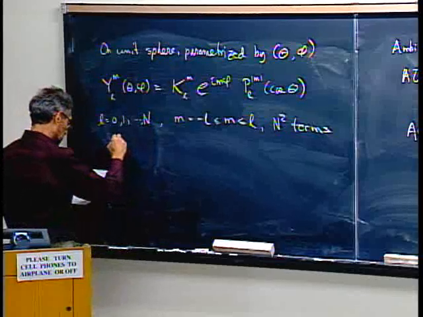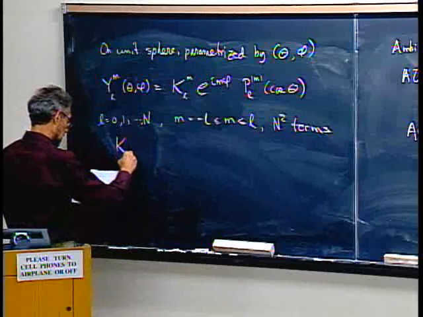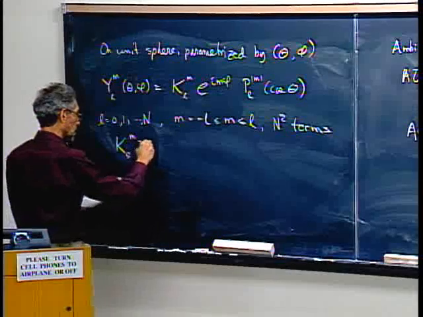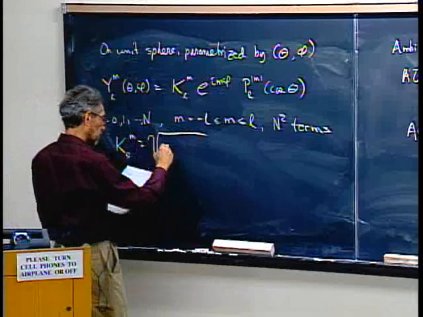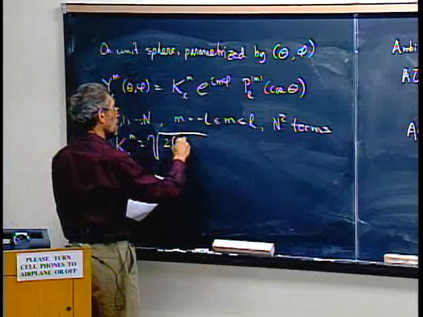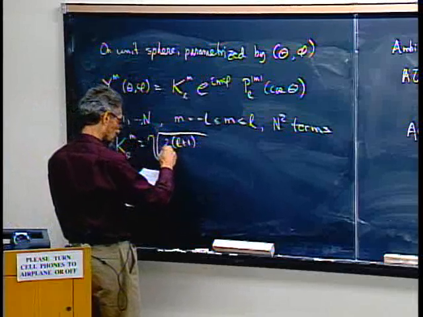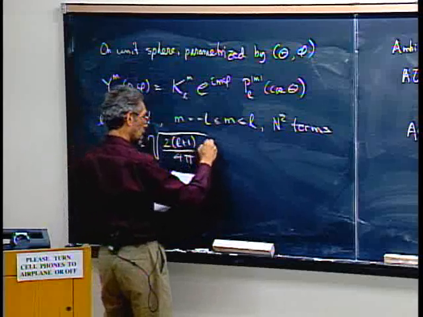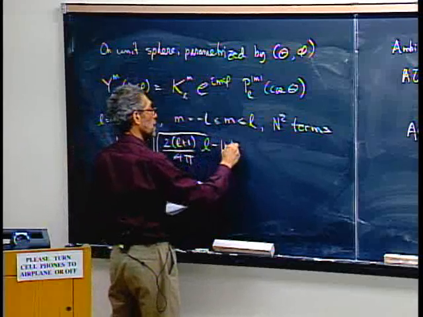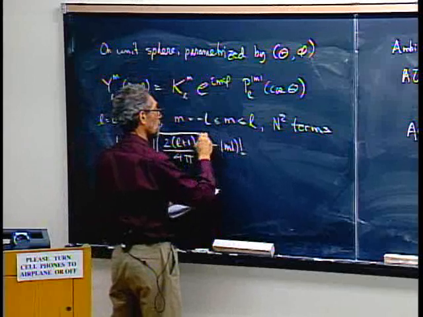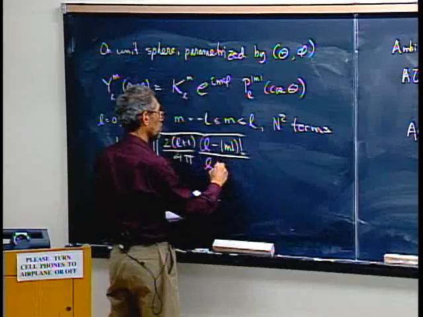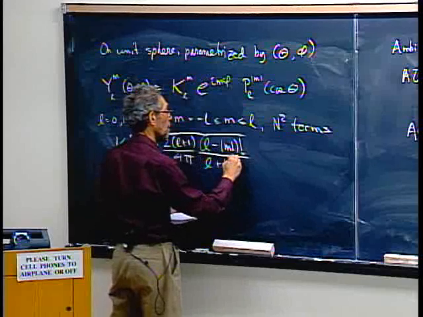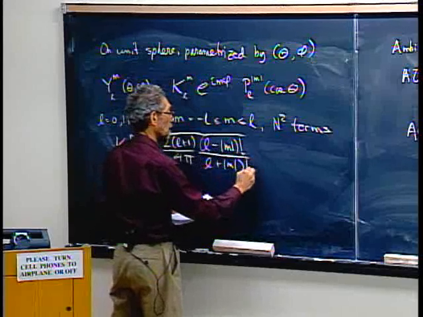And the normalization factor, K l m equals the square root of 2L plus 1 over 4 pi times L minus the absolute value of m factorial over L plus the absolute value of m factorial.